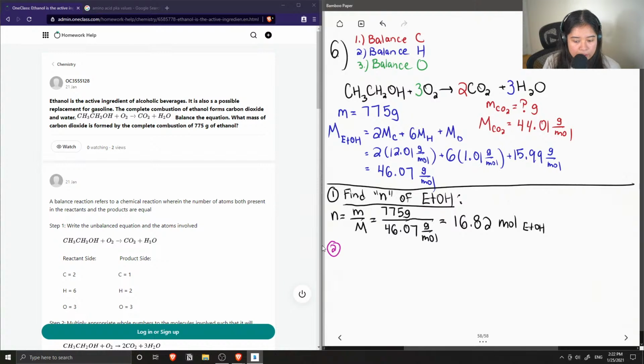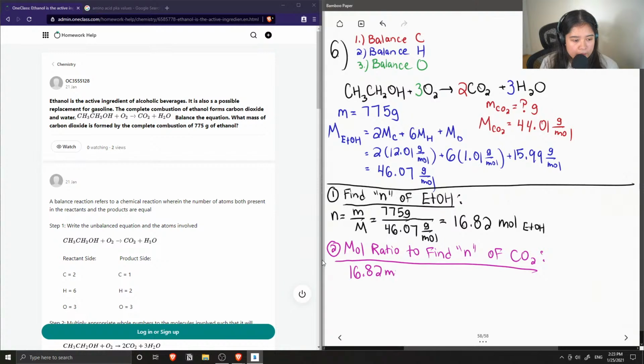Okay, so step 2 is to use the mole ratio to find the number of moles of carbon dioxide. So we know that we have 16.82 moles of ethanol, and by looking at our balanced equation, we can find the mole ratio we need to find the number of moles of CO2.